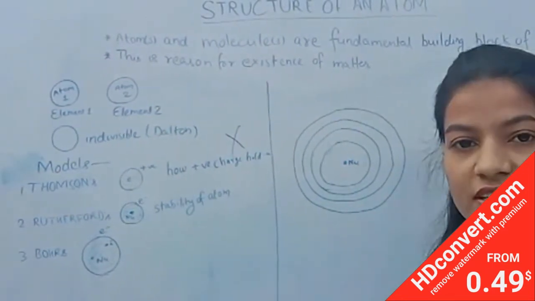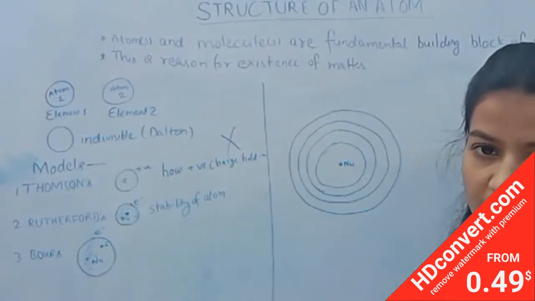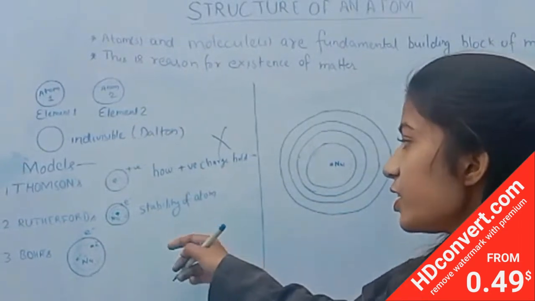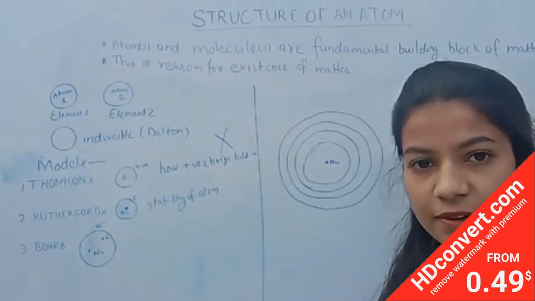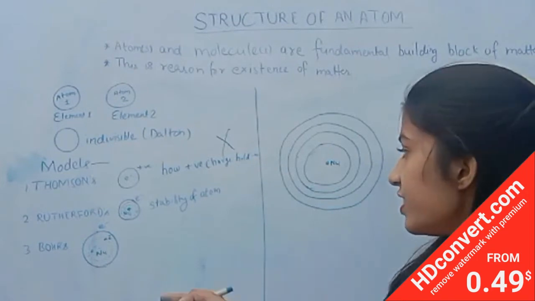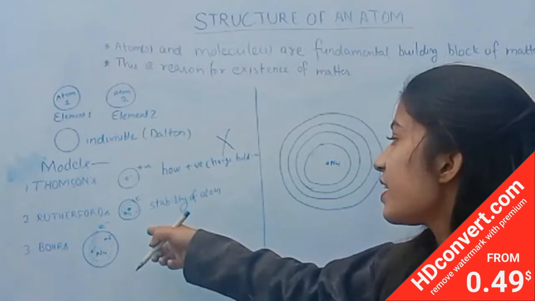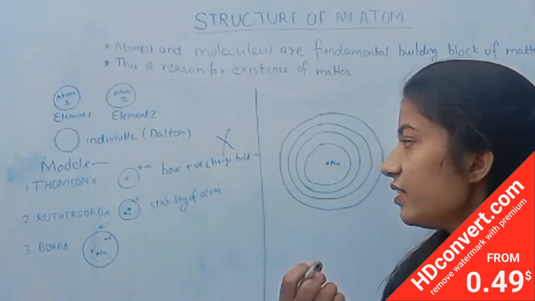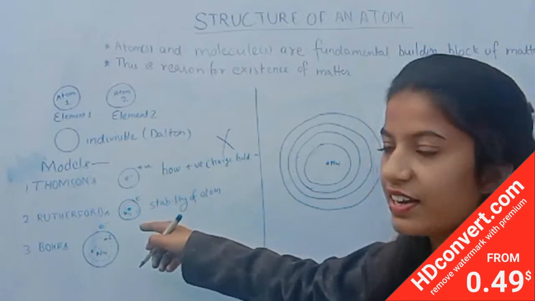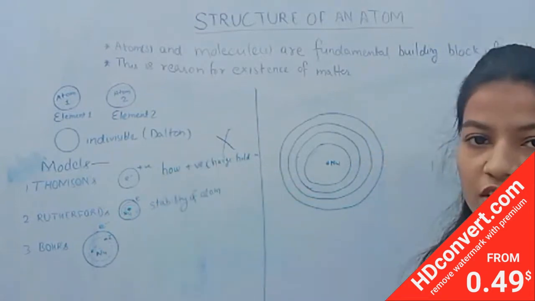Now Rutherford proposed another model regarding the structure of an atom, or the arrangement of electrons inside an atom. He proposed that every atom has a very teeny particle in the center, right? That teeny particle is regarded as the nucleus, and electrons revolve around the nucleus.